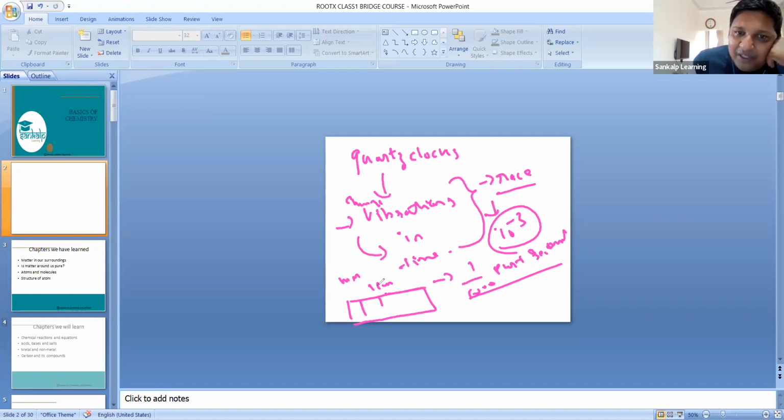So 10 millimeters form 1 centimeter. In the same way, one 1000th part of a second forms a millisecond.